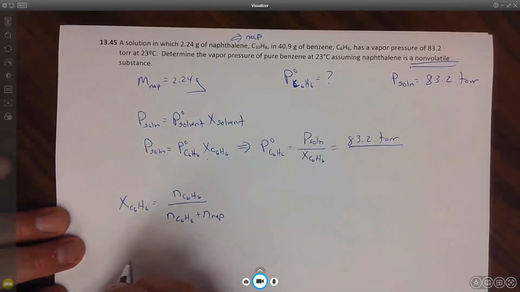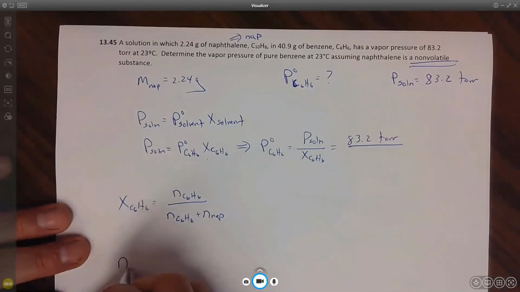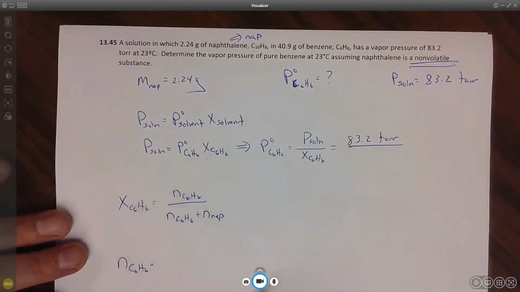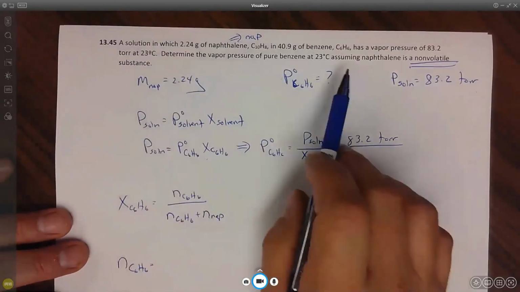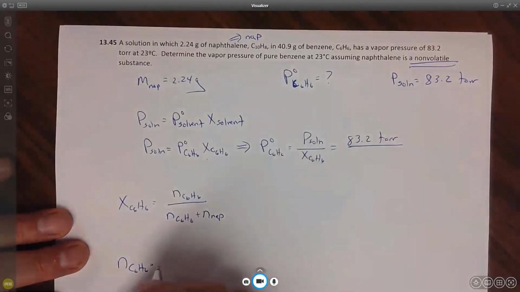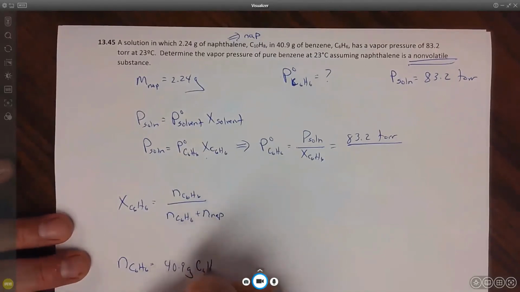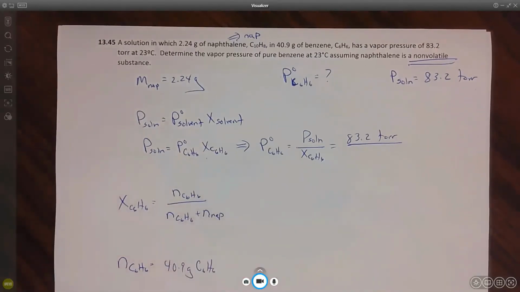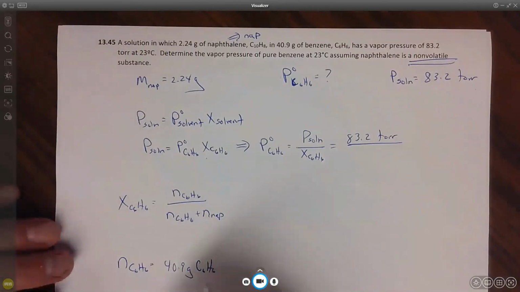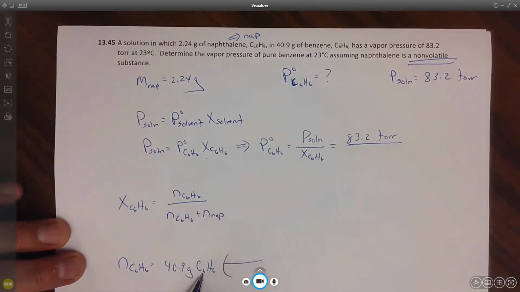So now I've got to get the moles of each. For the moles of benzene, they gave us the mass of benzene, which was 40.9 grams. To get the moles, I'm just going to divide by the molar mass. So there's 6 carbon at 12.0107 grams per mole, plus 6 times the 1.00794 grams per mole for the hydrogen.